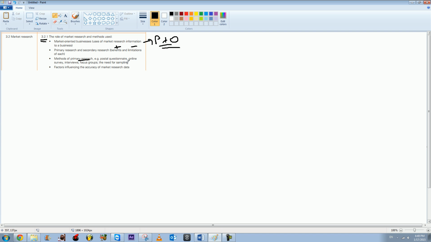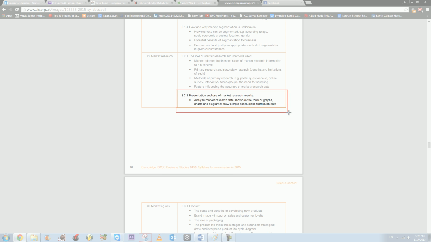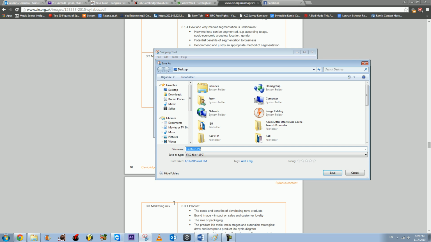Methods of primary research, like questionnaires, online survey, interview, focus groups, and the factors influencing the accuracy of market research. And I'll actually include 3.2.2 inside here, just because 3.2.2 is really easy and it's just pure logic.